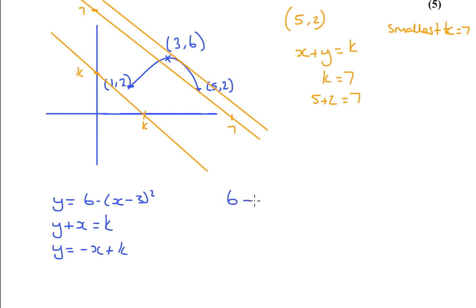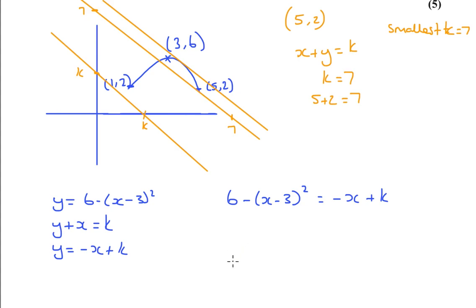Then we can solve them simultaneously by saying 6 minus (x minus 3) squared needs to equal minus x plus k, and if I rearrange this, we need the discriminant of this to equal 0. When I get the discriminant to be 0, I'll get the k value that makes it a tangent to the curve. Okay, and that's the first value that's too big.